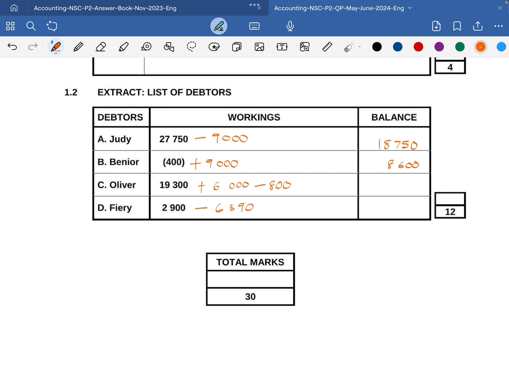And then Oliver, we have 19,300 plus 6,000 minus 800, which gives us 24,500. Then lastly, we are going to have a negative amount, which we'll show in brackets. It's 2,900, which is smaller than 6,319. Then we get a negative balance of 3,490. And there we have it.